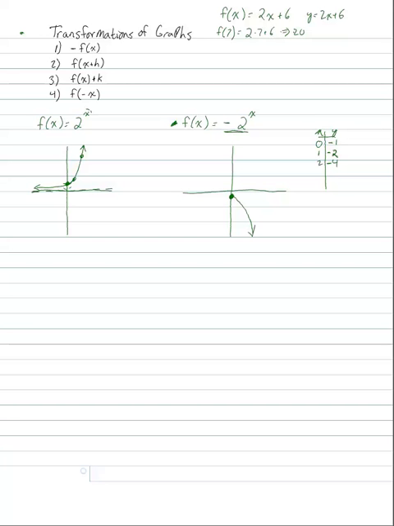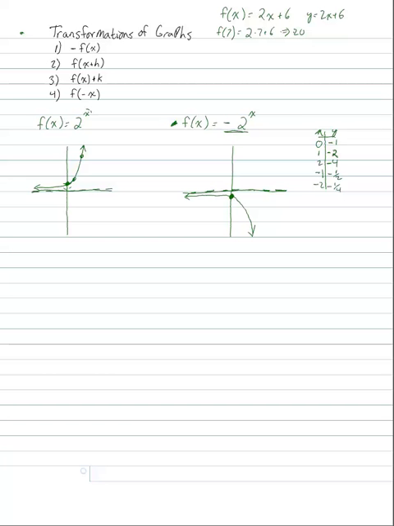Same thing would happen if I put in the negatives. Negative 1 and negative 2 got me 1/2 and 1/4. This time, it would be 1/2 but negative in front of it, and 1/4 but negative in front of it. So it would be negative, but still getting closer and closer to my x-axis. So I would still have the same horizontal asymptote.